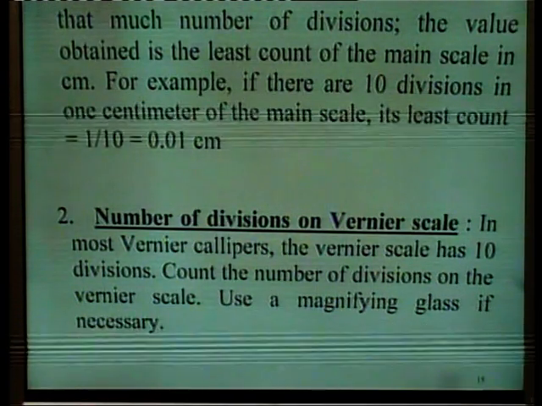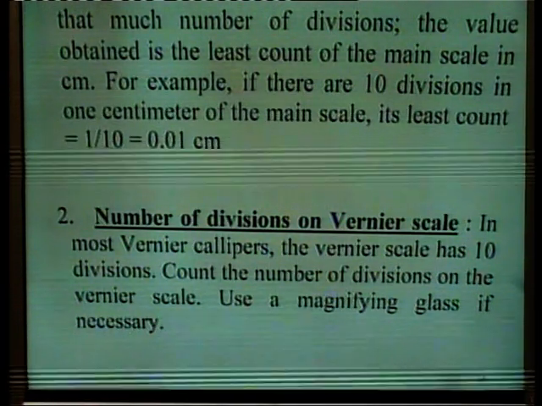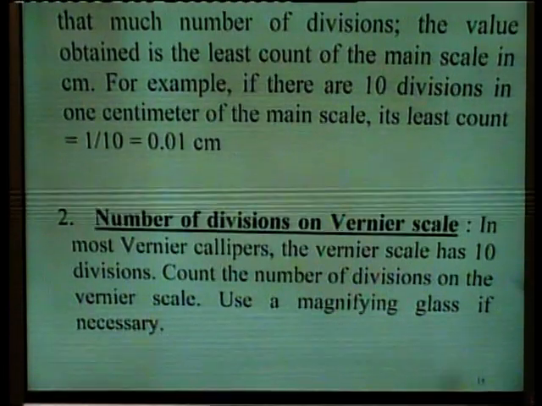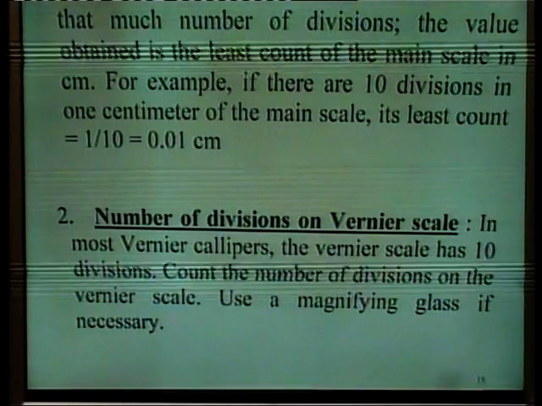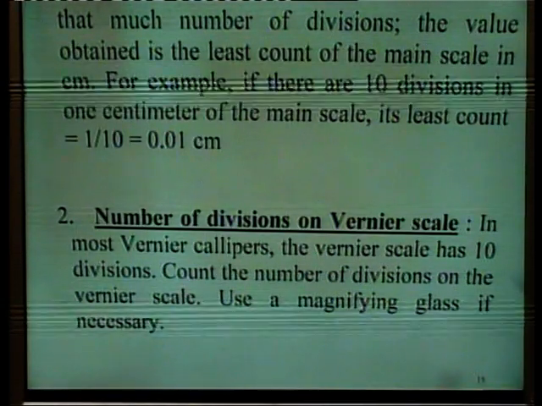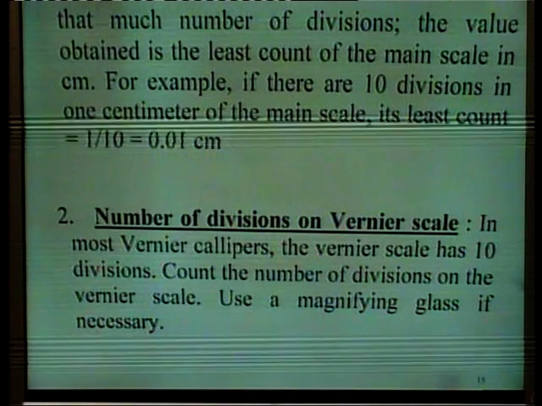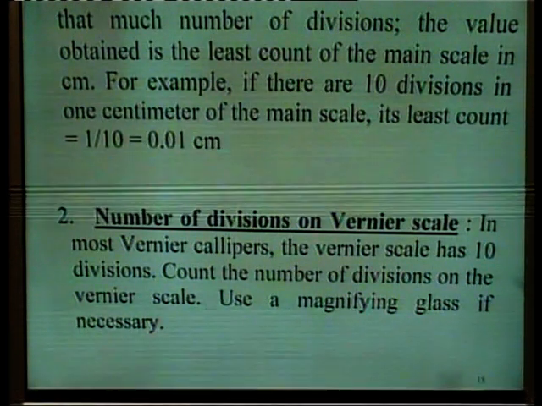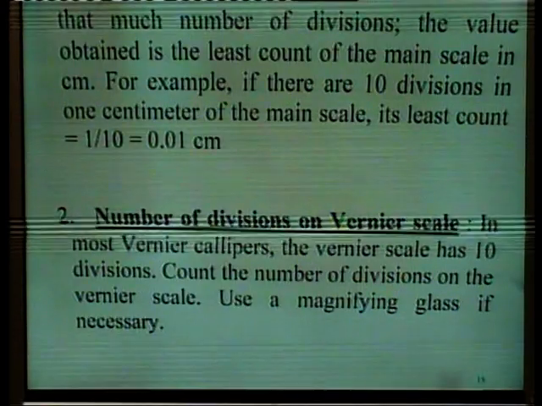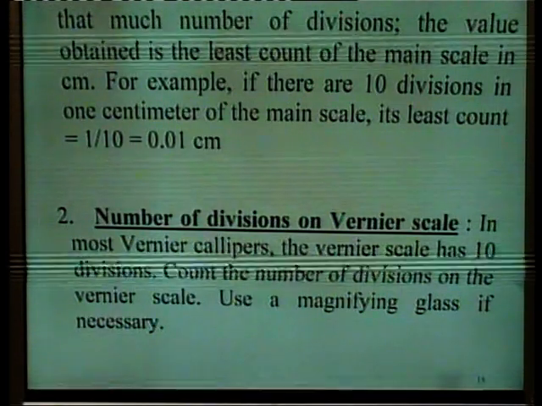The value obtained is the least count of the main scale in centimeters. For example, if there are 10 divisions in 1 centimeter of the main scale, which is the fixed scale in the vernier, its least count is equal to 1 divided by 10, that is 0.1 centimeters.